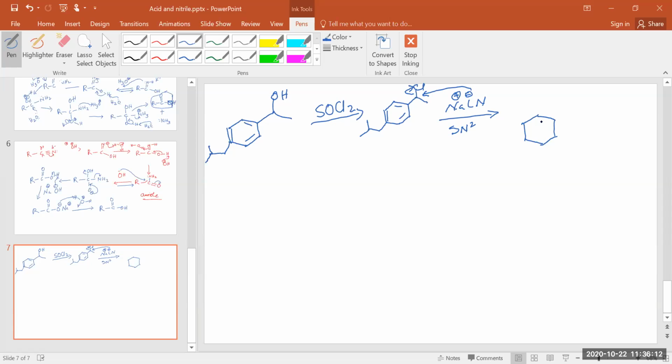So this one will be that CN. Okay? So if we do acid catalyzed hydrolysis and heat it, reflux, what will happen?